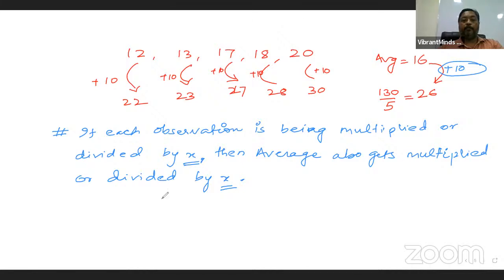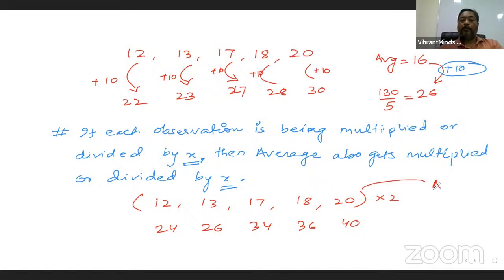We have 12, 13, 17, 18, and 20. Let's multiply all observations by 2. What will I get? 24, 26, 34, 36, 40. Now here I know the average is 16.